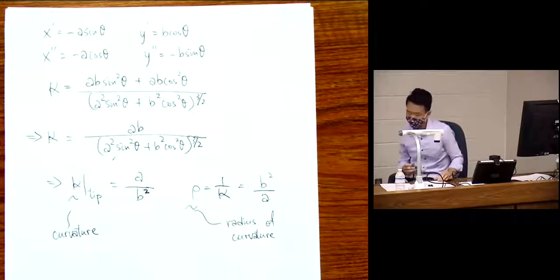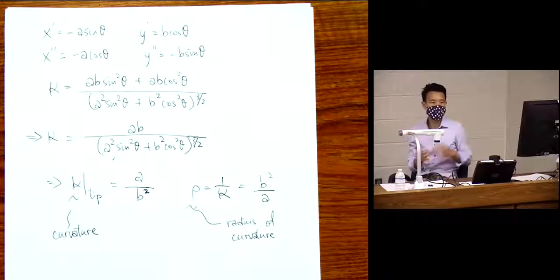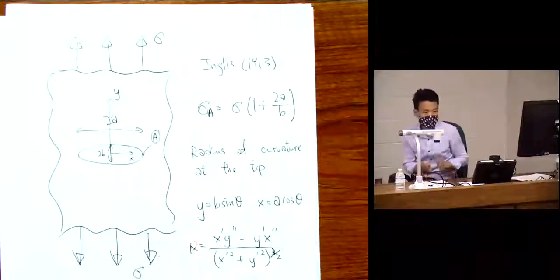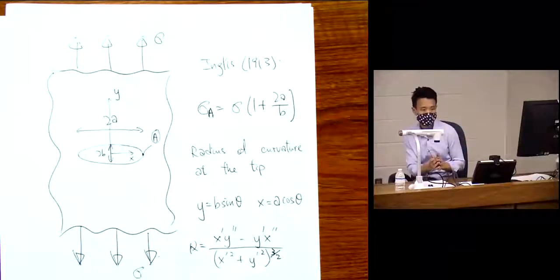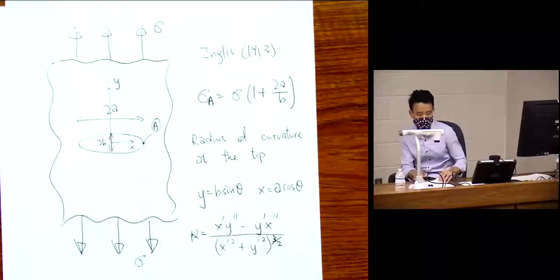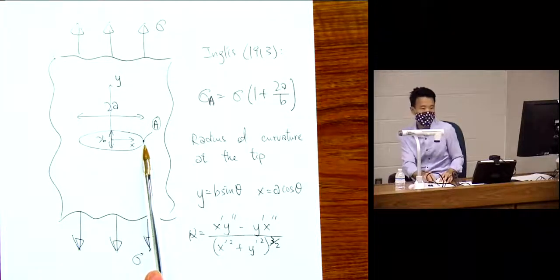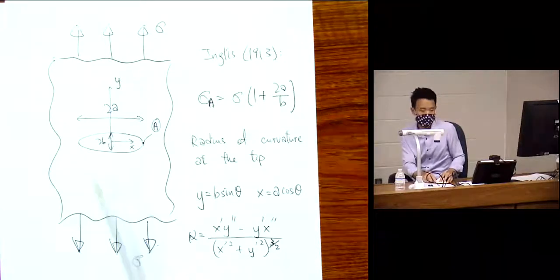Now, remember what is the goal of Inglis, right? We want to attempt to characterize that stress sigma A at the tip when this ellipse becomes a very sharp crack or sharp flaw, right? Because once we do that, then we can take a look at this stress and see if we can relate it to the cohesive stress or the cohesive strain calculated from atomistic calculation, right?